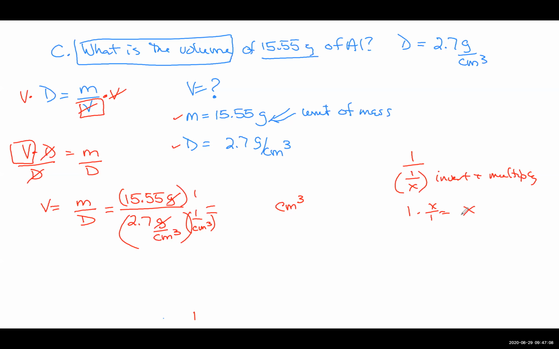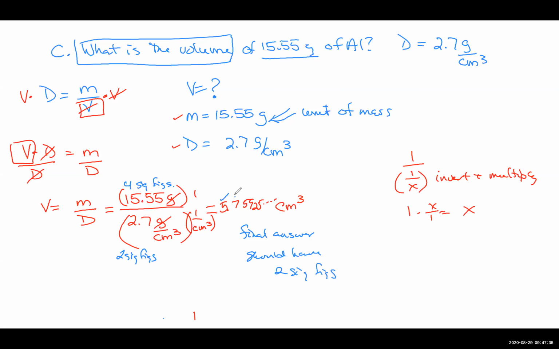Numerically, 15.55 divided by 2.7, you get a number of 5.75925, maybe some more digits. Again, follow sig figs. 4 sig figs in 15.55, 2 sig figs in 2.7, so my final answer should have 2 sig figs.